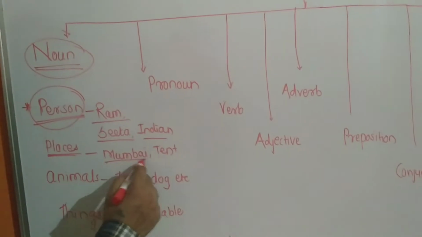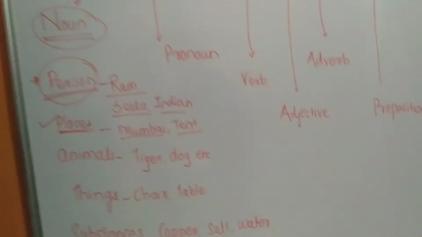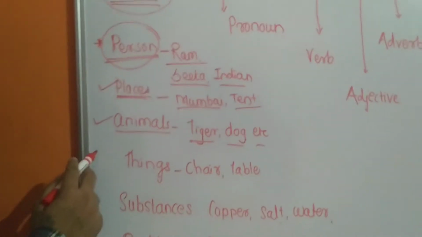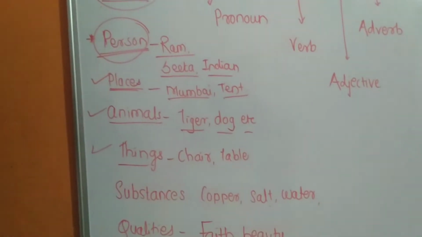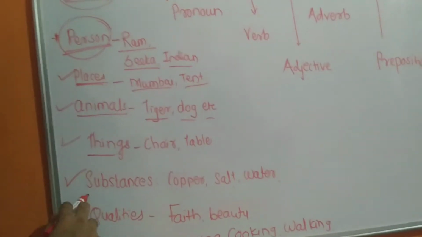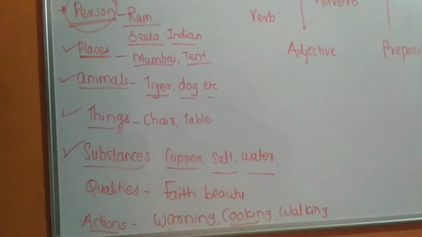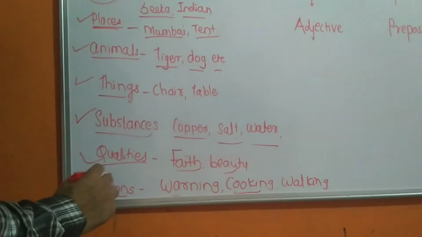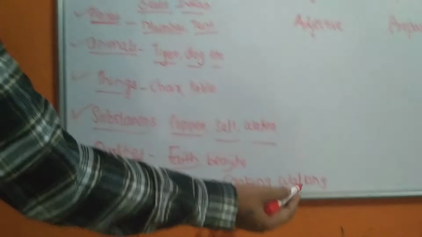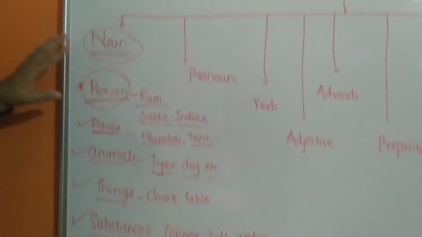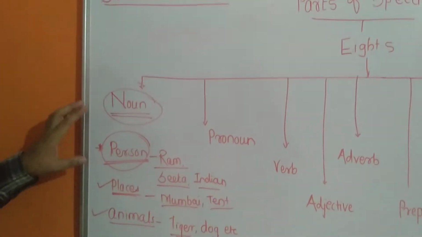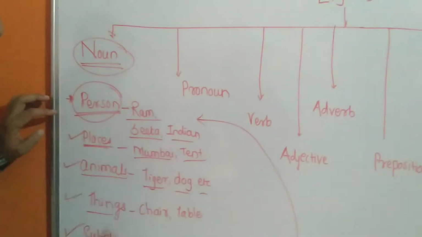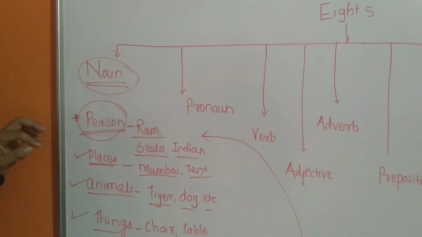Places like Mumbai, tent, these are places. Animals like tiger, dog, etc. Things like chair, table. Substance: copper, salt, water. Qualities: faith, beauty. Actions: warning, cooking, walking. These words we use as a noun in the sentence.